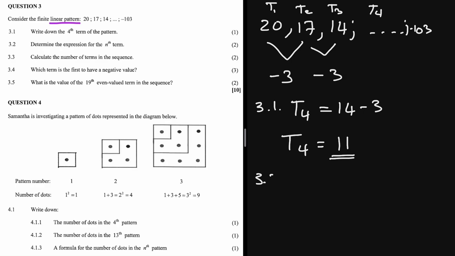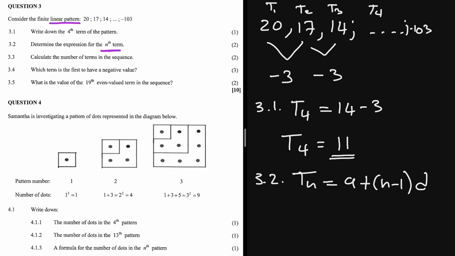So on the next question, they say determine the expression of the nth term. When they talk about the nth term, they want the general term of the problem. Remember, this pattern is a linear pattern. So to determine the general term, we're going to use our arithmetic general term equation, which is Tn = a + (n - 1)d.